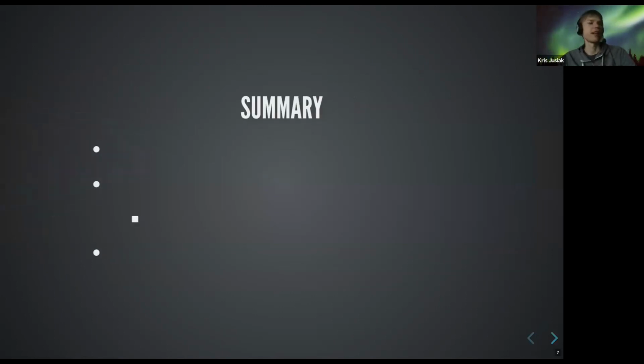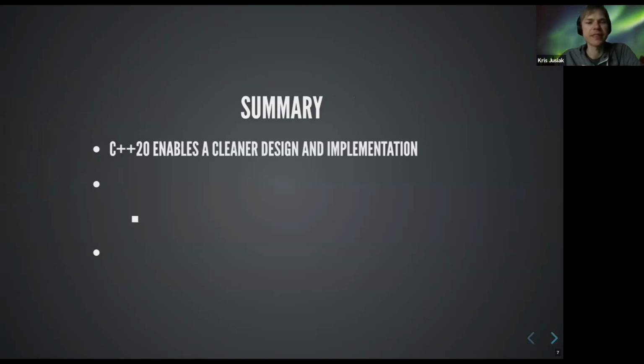So we've gone through all of it. I hope you're still around because I don't see you. But just to sum up, C++20 is awesome. I hope I showed that by showing you the implementation. It enables a cleaner design and implementation of a lot of things, makes things much easier, and it's coming.